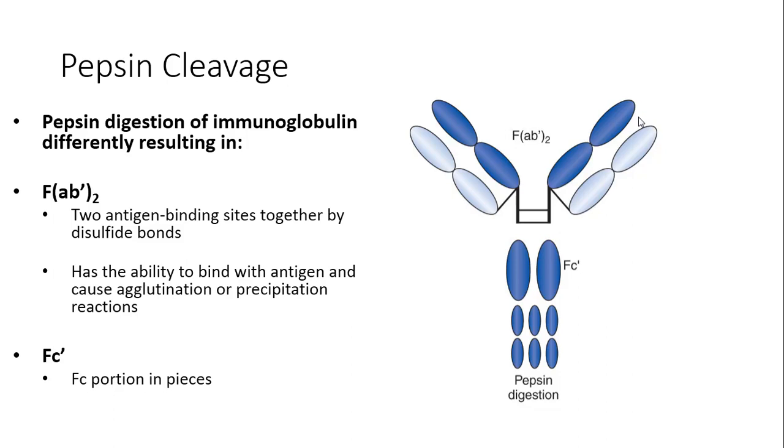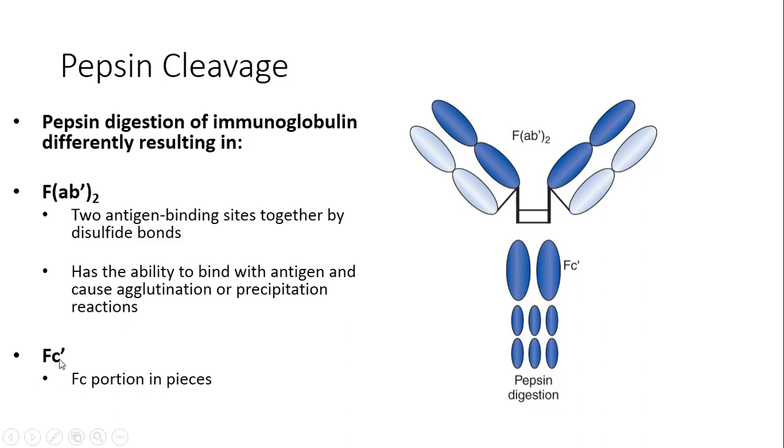But in any event, we end up with one FAB2 molecule. And as I said, in the lab, it has the ability to bind to antigen, and some of the reactions that we're going to talk about in a couple of lectures from now are agglutination and precipitation reactions. So this is a good thing. This model of cleavage is very helpful to us.